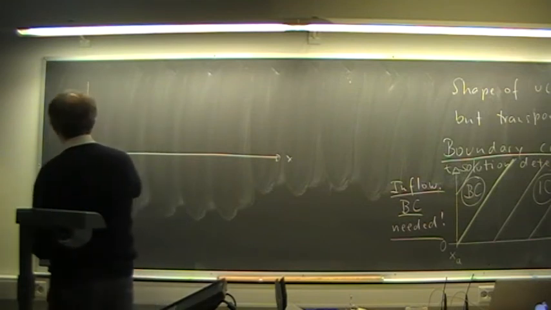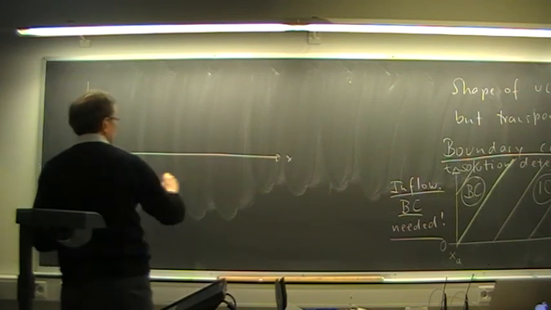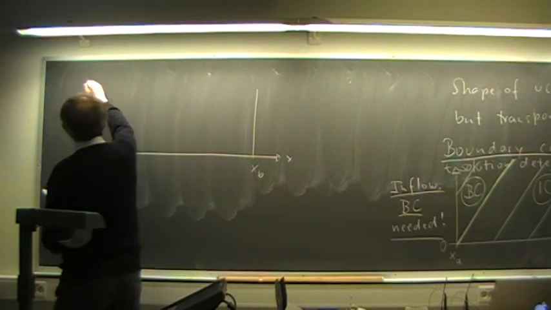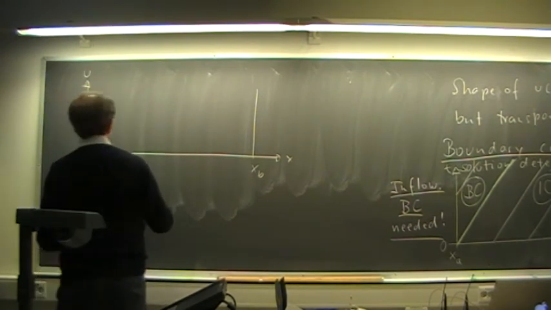So let's see, we would have xa here, we would have xb here, we would have u here.